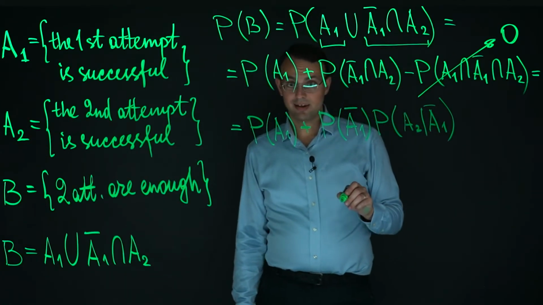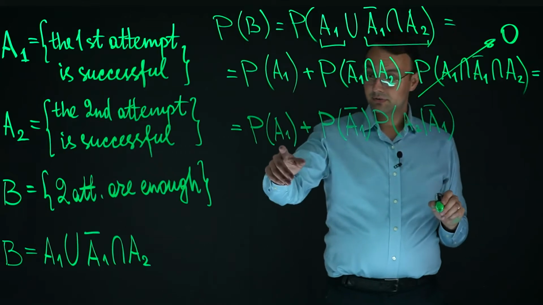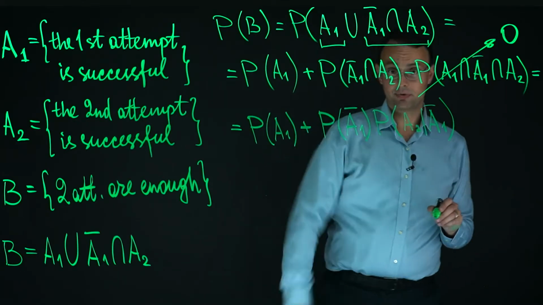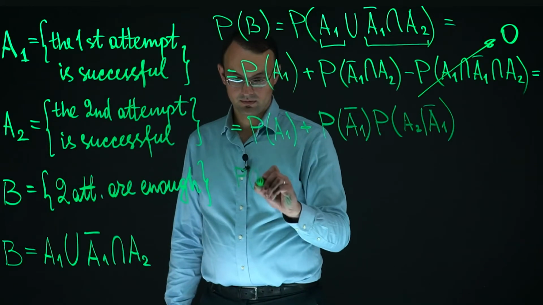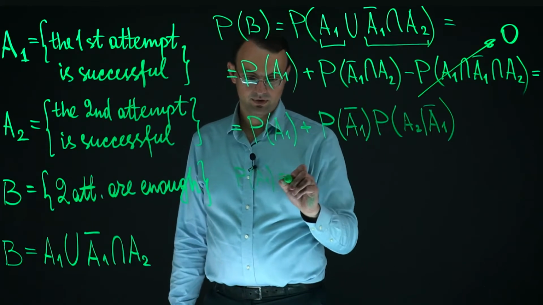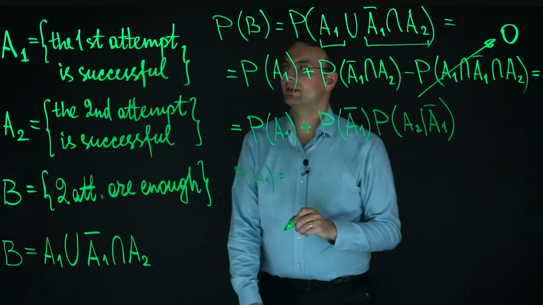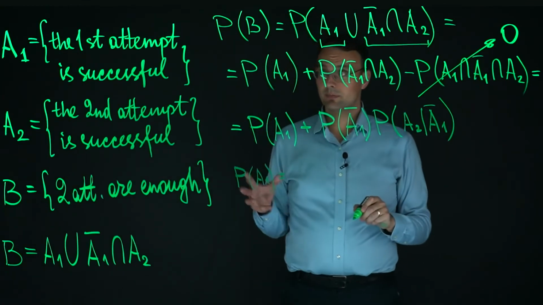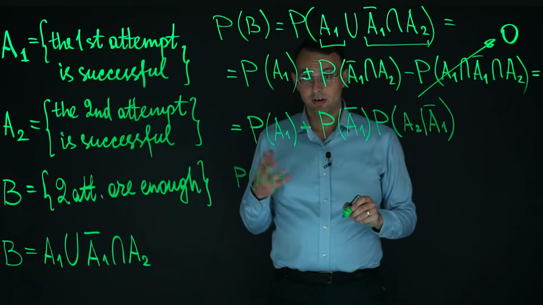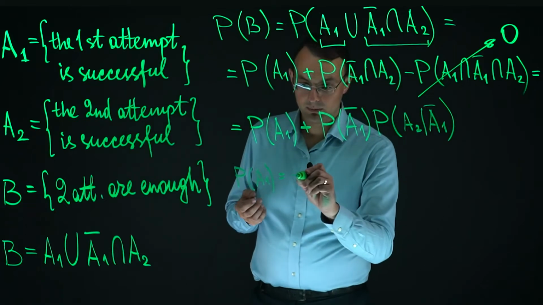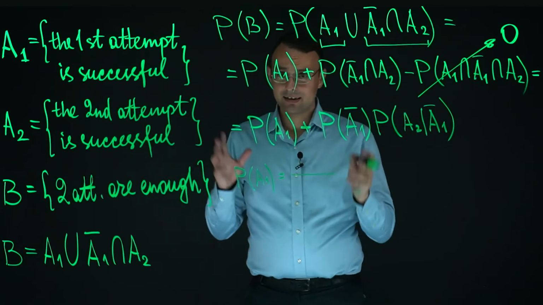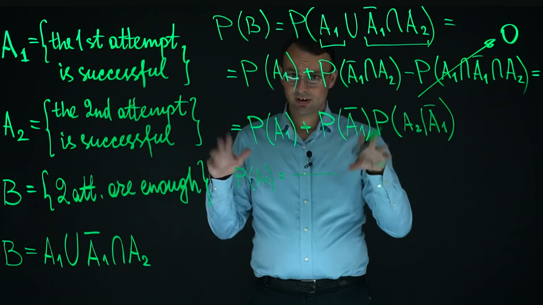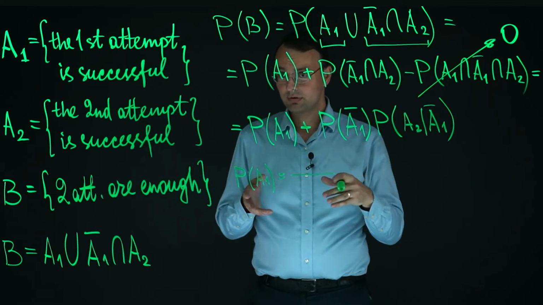Now let's find these three probabilities we have in this expression. P of A1 is the probability to guess the 4-digit PIN code from the first attempt. How many 4-digit numbers do we have? 10,000. Let's say that 4 zeros is also an acceptable PIN code.